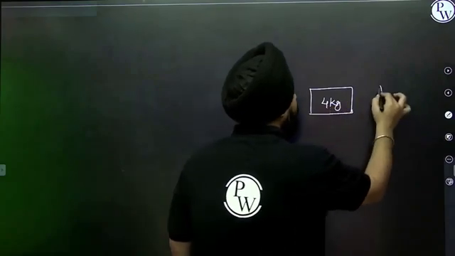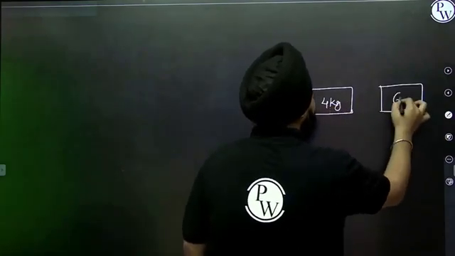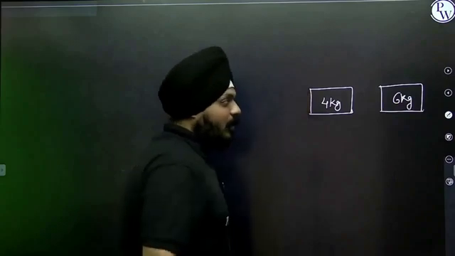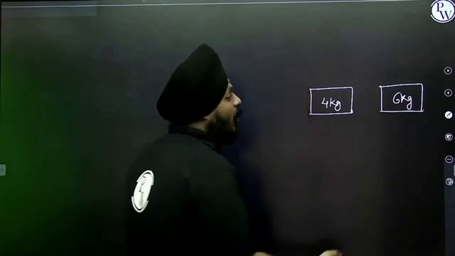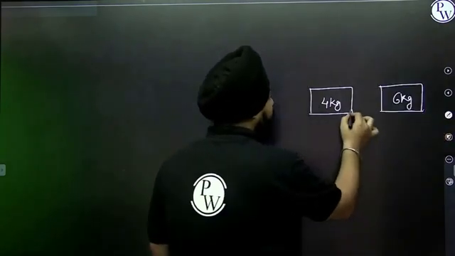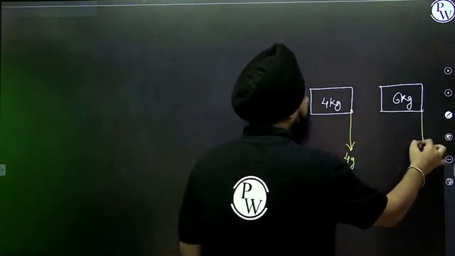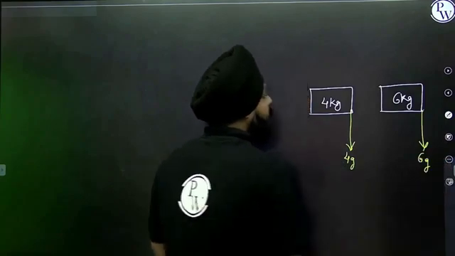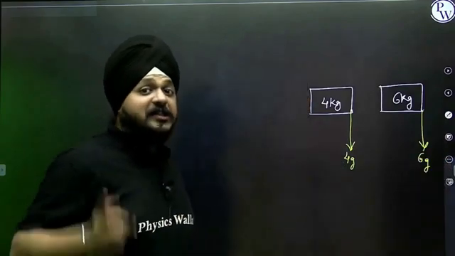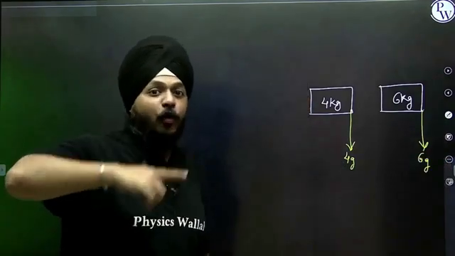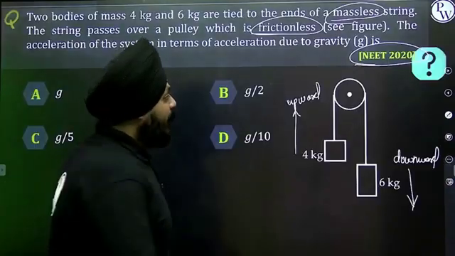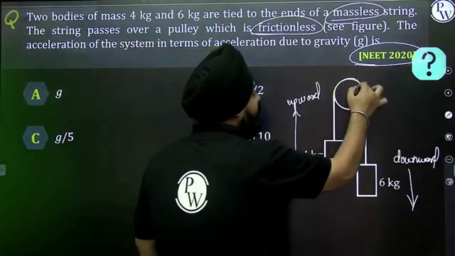This is 4 kg, and this is 6 kg. First point, their weights are always acting in the downward direction: 4g, 6g. Tension is the pulling force. They are both connected by the same string.